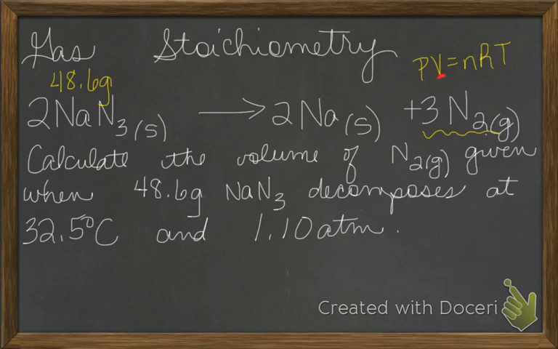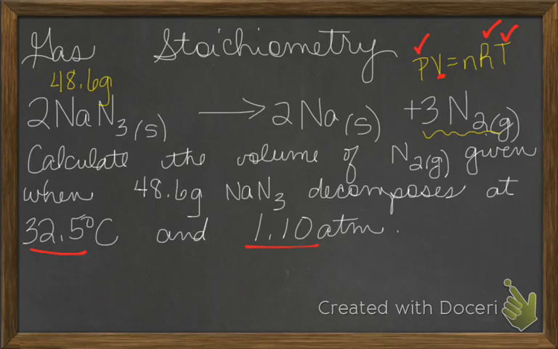So V is what we're looking for. We are given a pressure. We are given a temperature. We know what R is. So we have almost everything we need to solve for volume except for moles. We don't know how much nitrogen we're going to make.